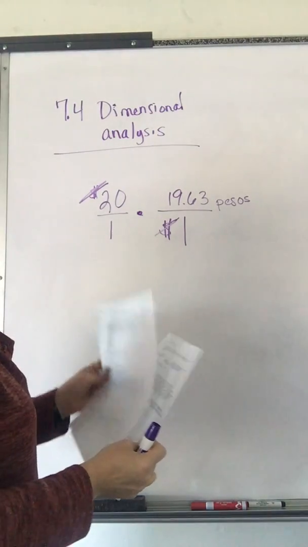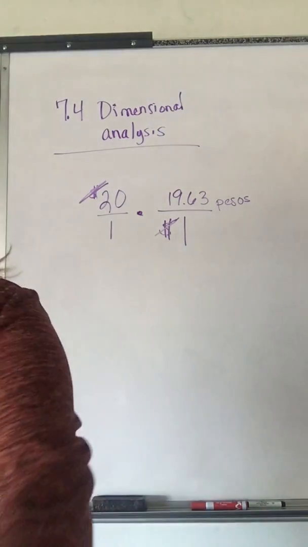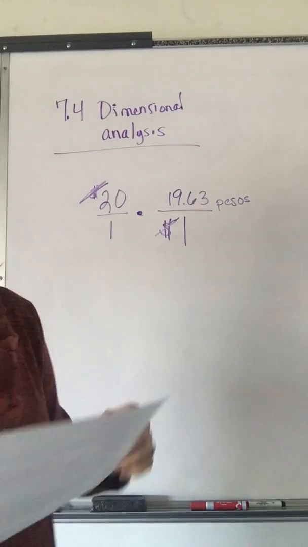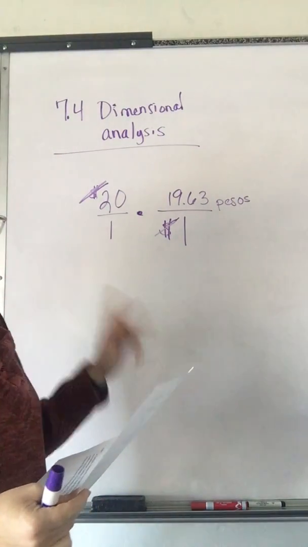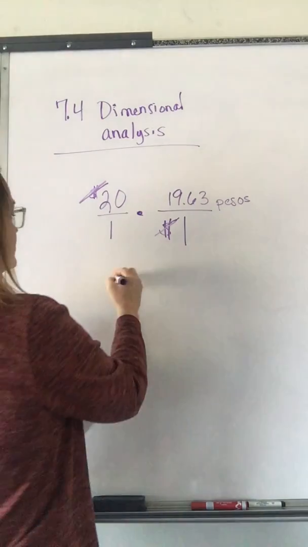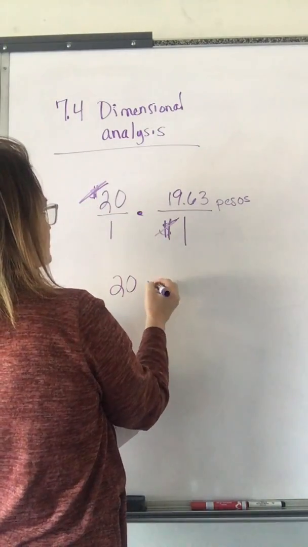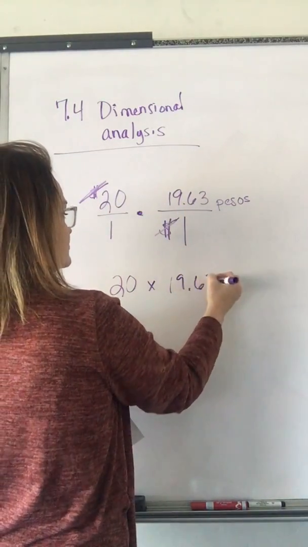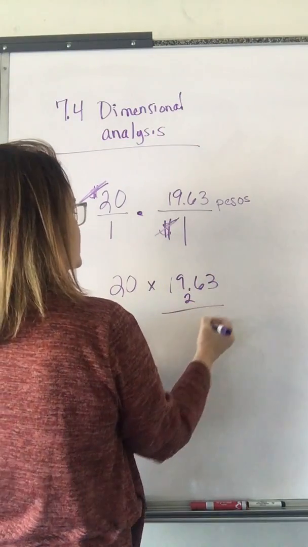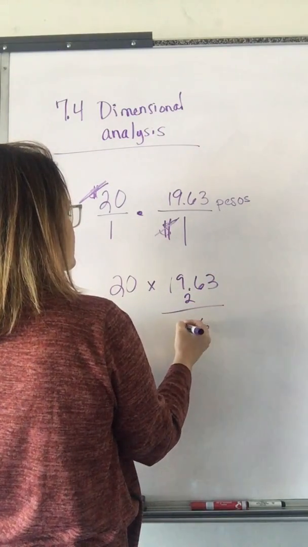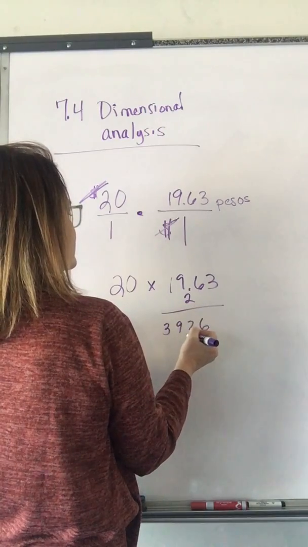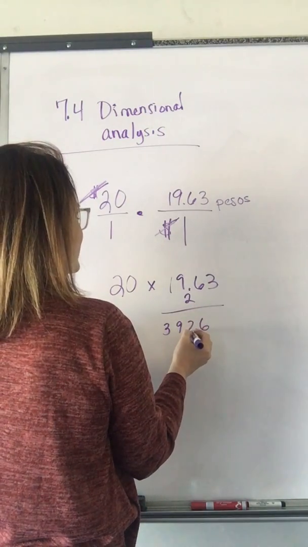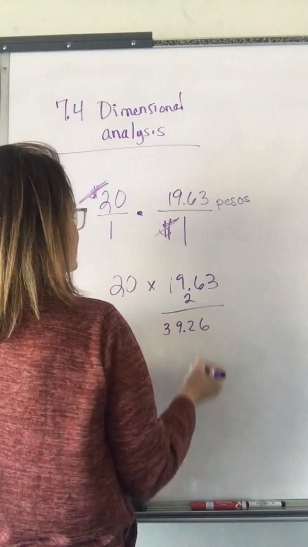And I'm going to have to have you, oh, I do have that answer. No, I didn't write it down here. Doesn't look like it. So type that on your calculator, 20, now no longer in dollars, times the 19.63. I'm not guaranteeing where I'm doing it in my head here.